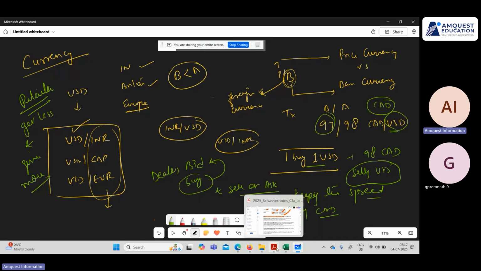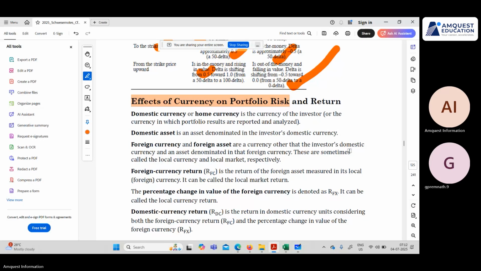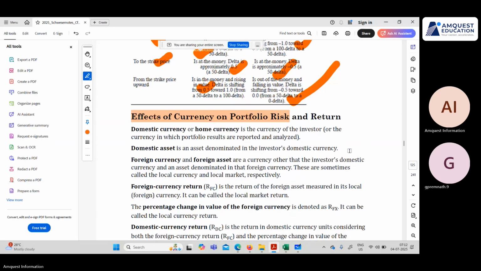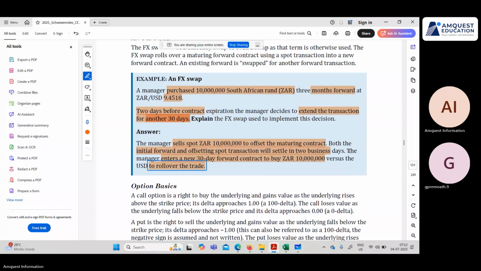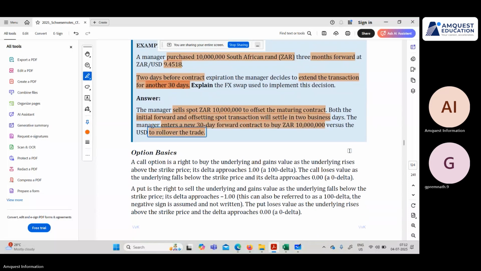Then we actually did a question, FX swap.